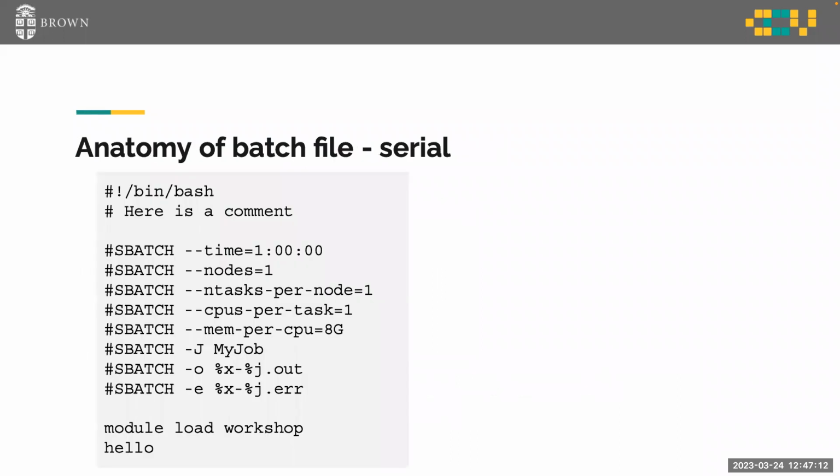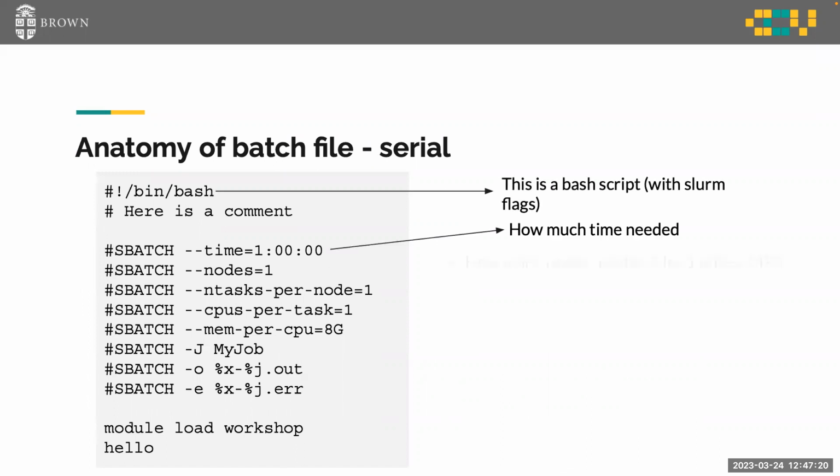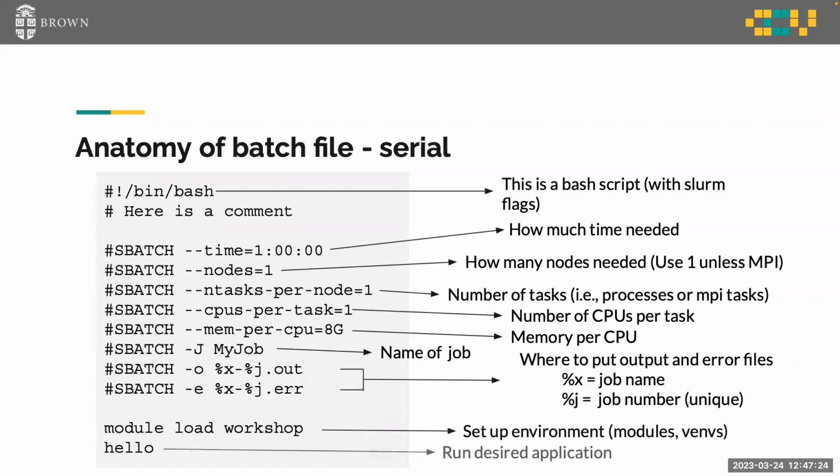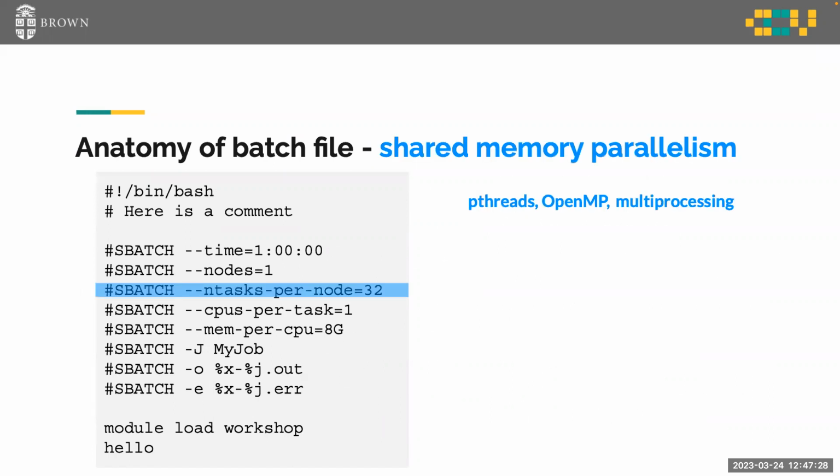In terms of what that means practically for changes to your batch script, this is the original batch script that I showed you, which is for serial code. If you're going to run something with shared memory parallelism, something that makes use of pthreads or OpenMP or multiprocessing, what you're going to change is this line here.